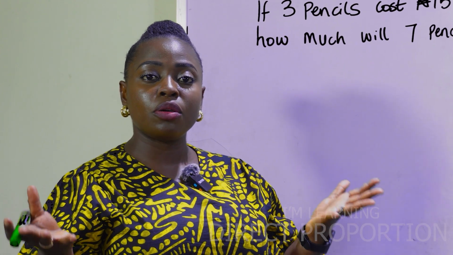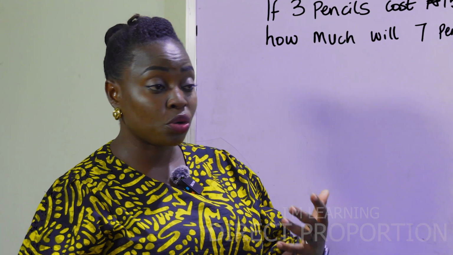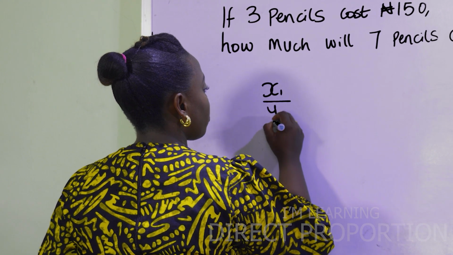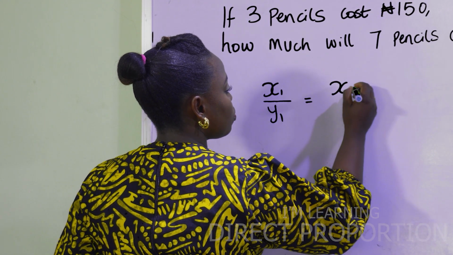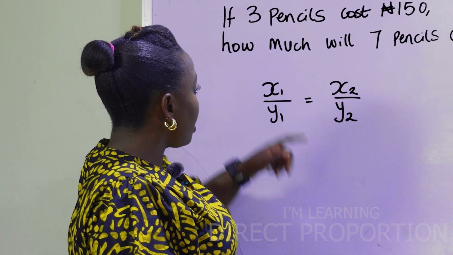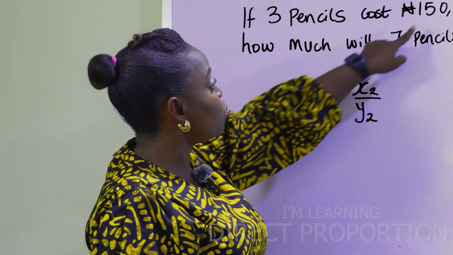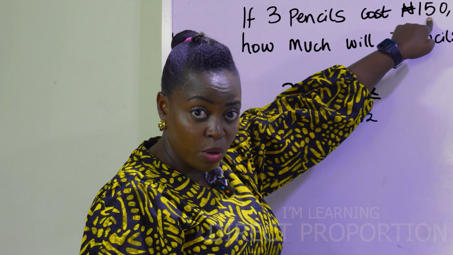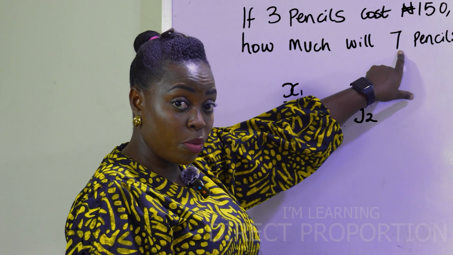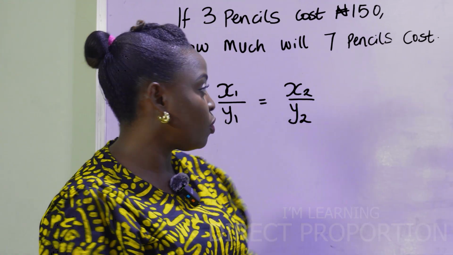There's generally a formula that can be used to solve direct proportion questions, and that is x1 over y1 is equal to x2 over y2. x1 being the first value in the first part of the question, x2 being the second value in the first part of the question, y1 being the first value in the second part of the question, and y2 being the cost that we're looking for.